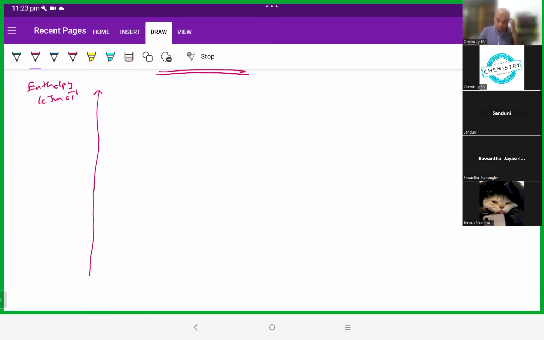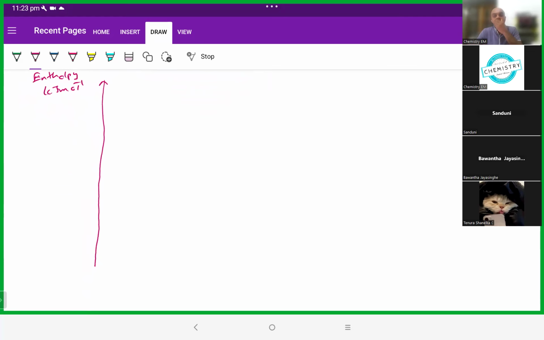We need to draw it for the barium chloride. First, we will draw the zero mark. The zero mark should have the standard enthalpies. You know, when the compounds or the elements are in most stable standard conditions, the enthalpy is zero. That is coming from energetics lesson, right?